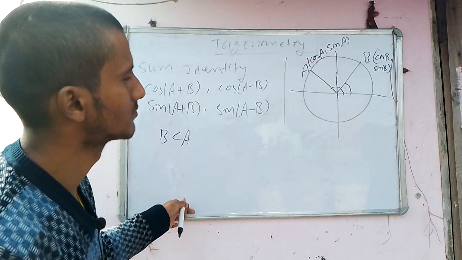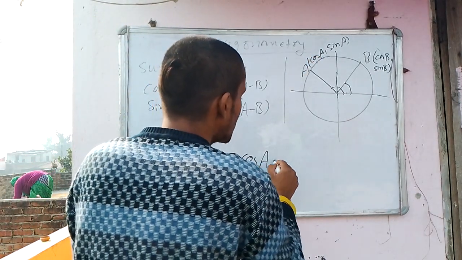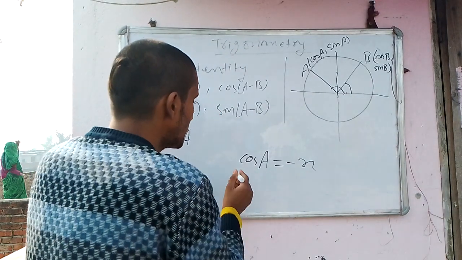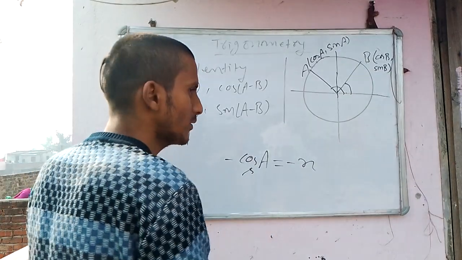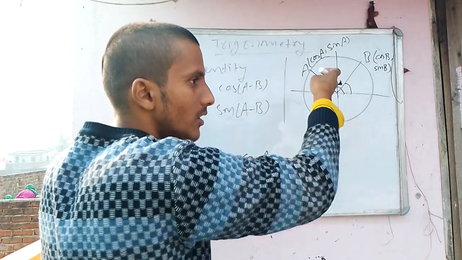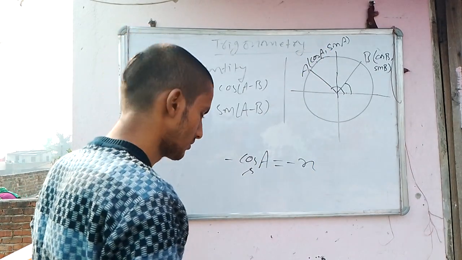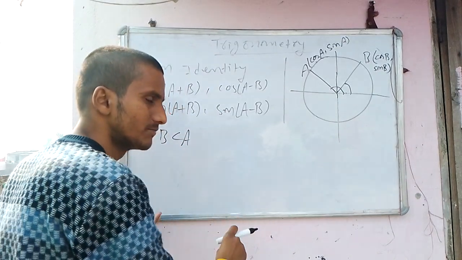Then why have I not put a negative sign? Because cosine is a variable, and it can be negative as well. If I put a negative sign before it and it is negative, it will become positive. So for a variable, I don't have to put plus or minus there. It can be anything.